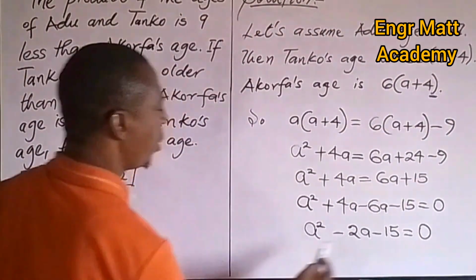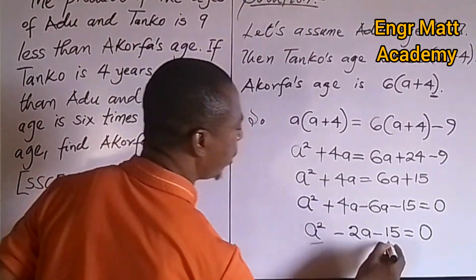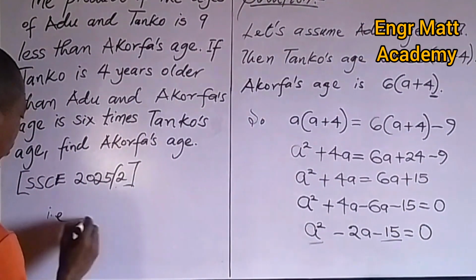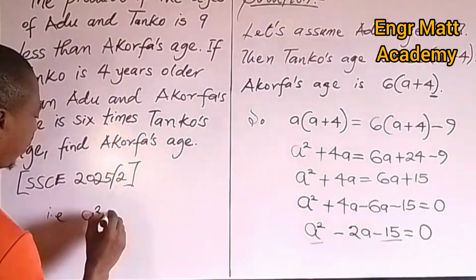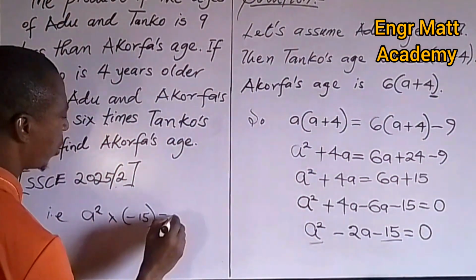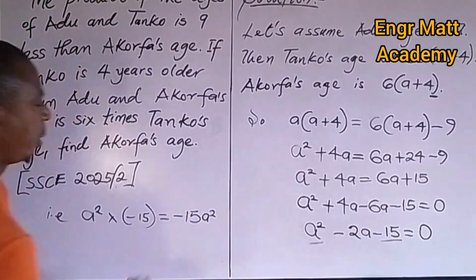So the next step is to multiply a squared by minus 15. That is a squared times minus 15. This will give us minus 15a squared.